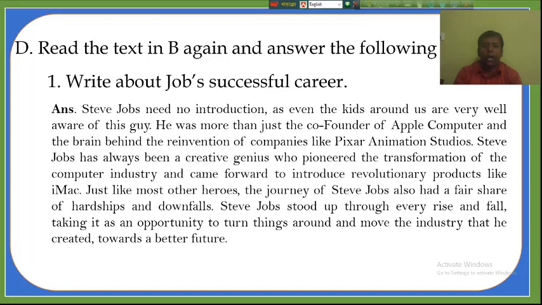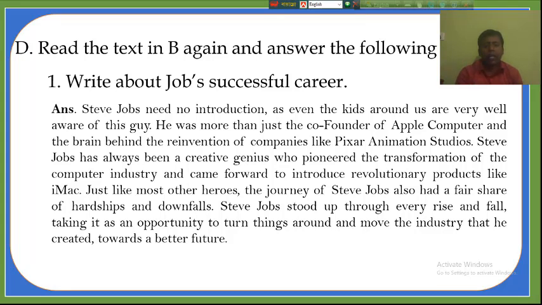Dear students, the answer: Steve Jobs needs no introduction, as even the kids around us are very well aware of this guy. He was more than just the co-founder of Apple Computer and the brain behind the reinvention of companies like Pixar Animation Studios. Steve Jobs has always been a creative genius who pioneered the transformation of the computer industry and came forward to introduce revolutionary products like iMac.